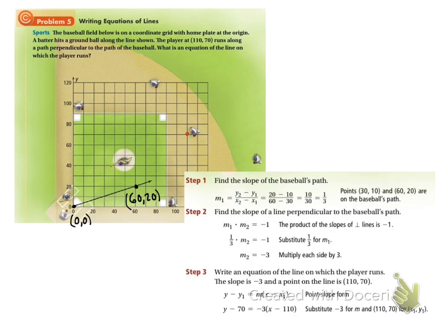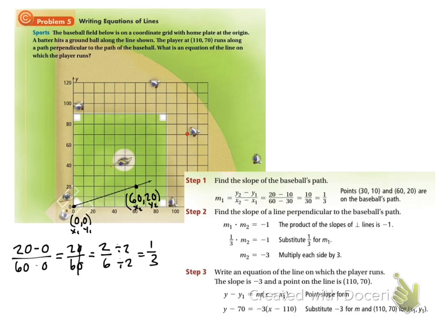So if I find my slope there, I'll make this one my x1, y1, x2, y2. So 20 minus 0 over 60 minus 0 gives me 20 over 60. Could cancel off those zeros. So this is 2 over 6. And if I divide the top and the bottom by 2, I get 1/3. So the current slope is 1/3.